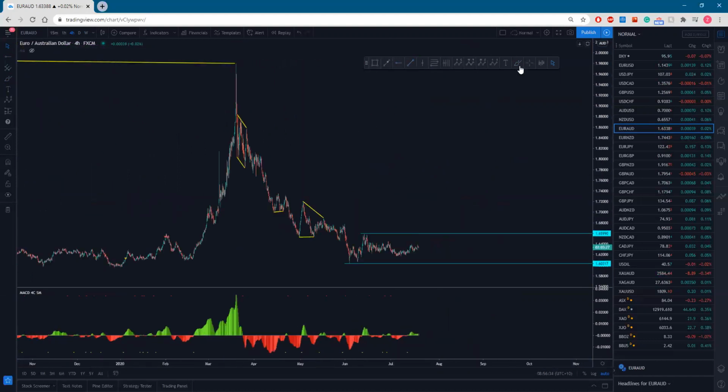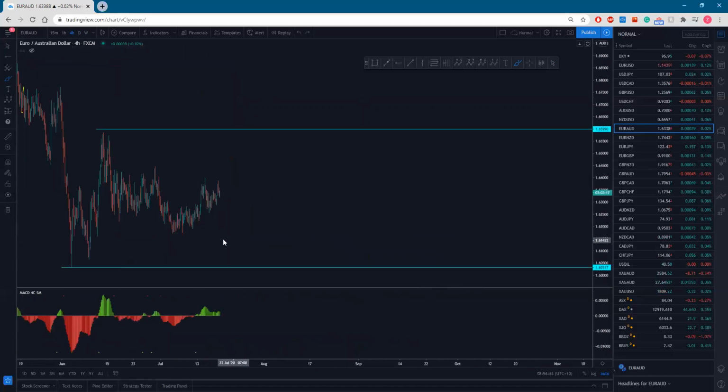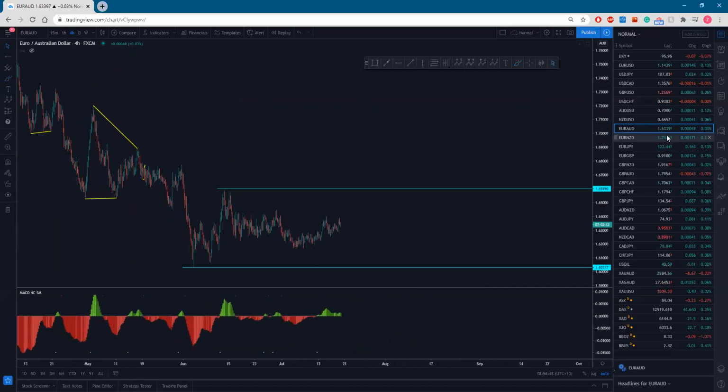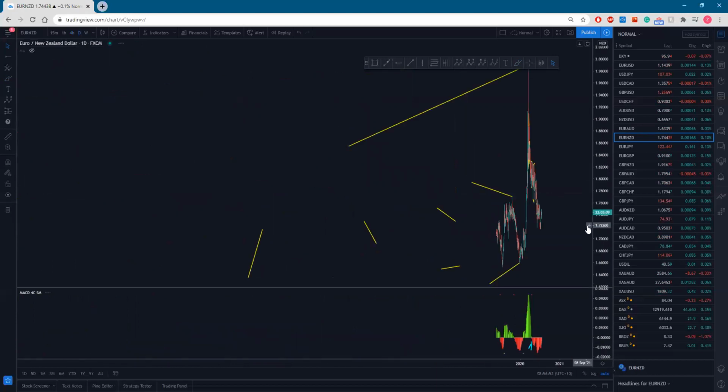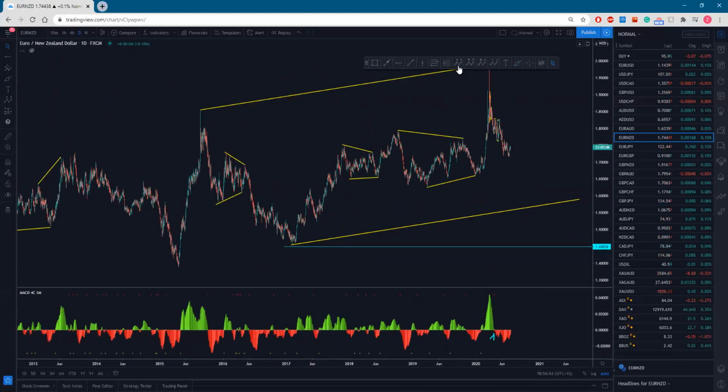Allow for this correction to complete, and then go for more. I don't think this will be finished anytime this week, so allow it some time, and then you'll be able to get the relevant setups. Similar with Euro New Zealand, we are still looking at this C wave, so more downside.